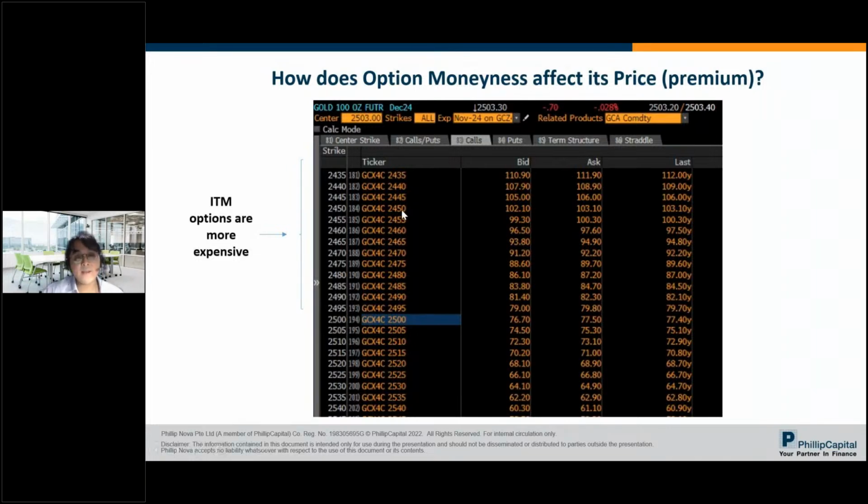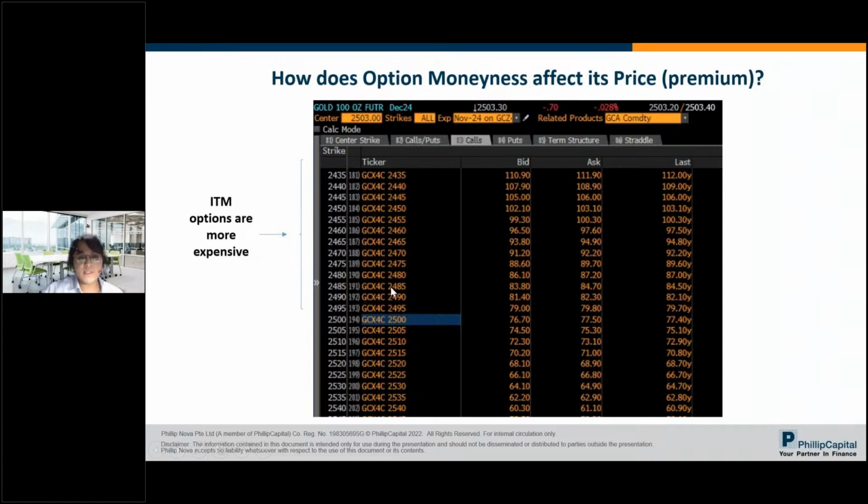Why are they in the money? Recall that for a call option, it's in the money when the market price is above the strike price. So let's take this slowly. The current market price for the underlying is about 2,503. So an in the money call option will have a strike price that is lower.